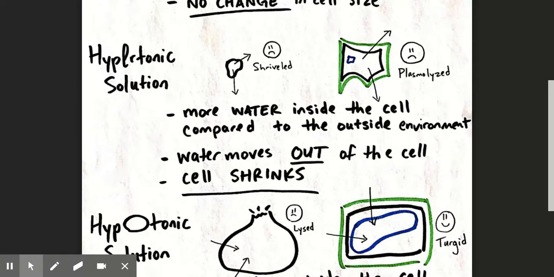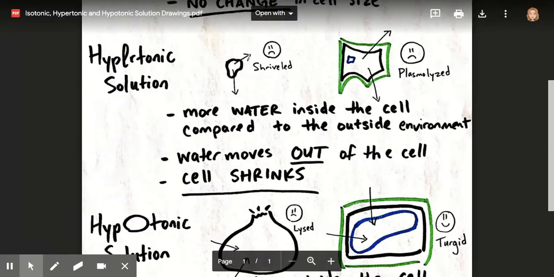And that's because the environment doesn't have a lot of water in it. So there's actually more water inside of the cell than outside of the cell compared to the outside environment. So water moves out and the cell shrinks.